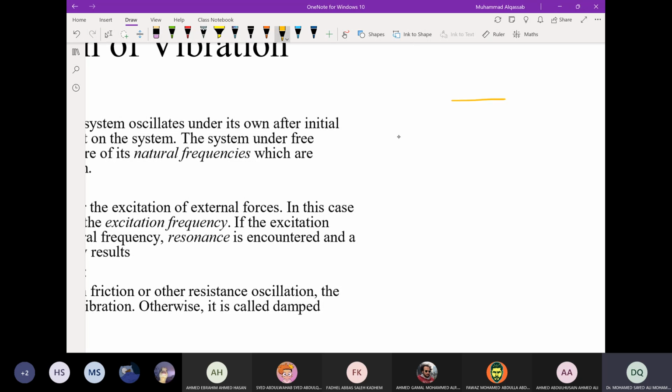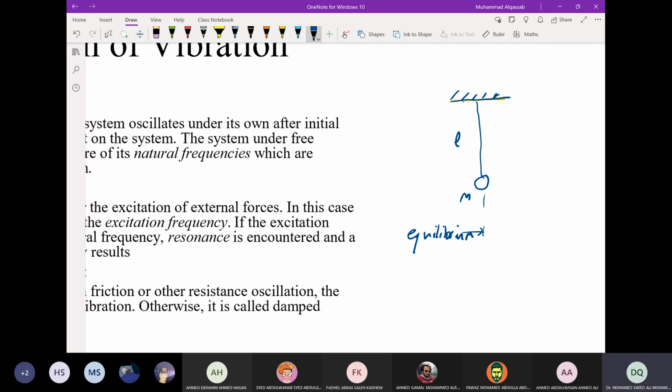A pendulum when it is supported vertically. Here we have the equilibrium line. If the mass of the pendulum is not disturbed, then there will be no vibration.